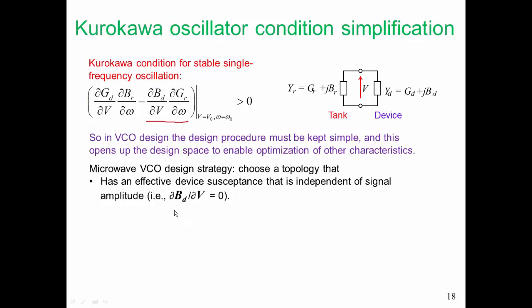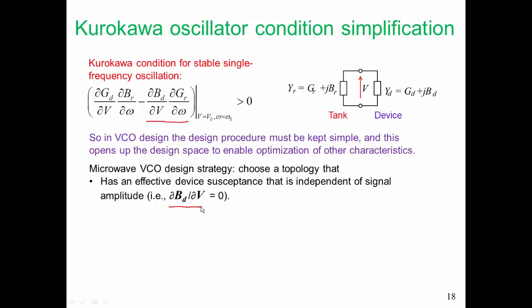And we're going to do that by taking the effective device acceptance and making it independent of signal amplitude. So dBd/dV is equal to 0. We'd usually like that anyway, but with a fixed frequency oscillator, we didn't have to concern ourselves too much with that. But with a VCO at microwave frequencies, BD will tend to vary with signal amplitude.